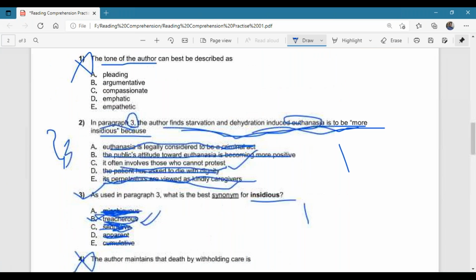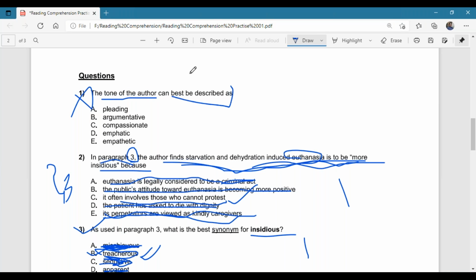For example, the tone of the author can be best described as. What is the tone of the author? Is he pleading, or begging someone to do something, or is he being argumentative with someone, or is he trying to explain another person's problem, compassionate, or is he talking for someone else, or explaining some other person's opinion? No. Is he being argumentative?